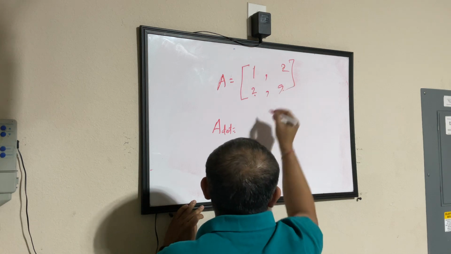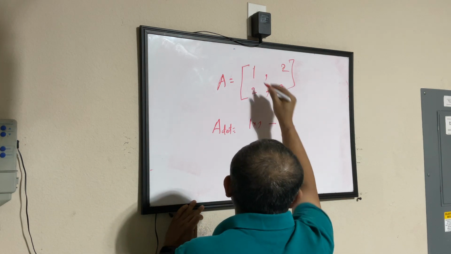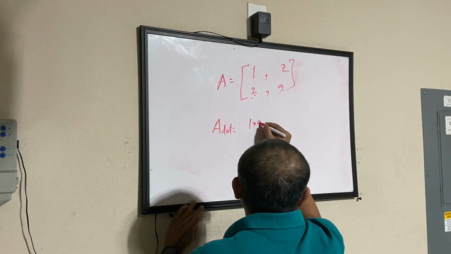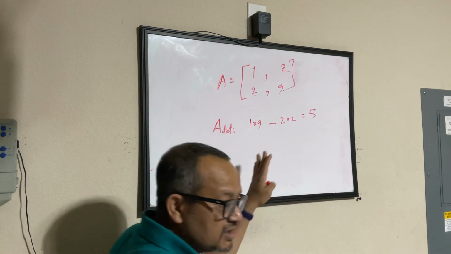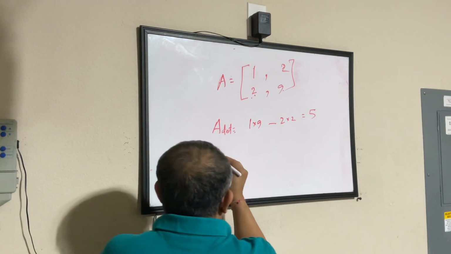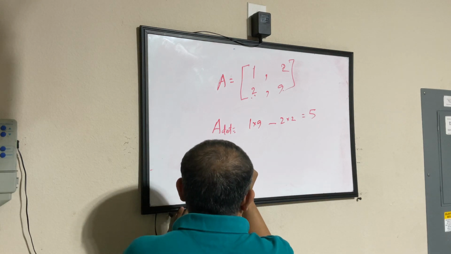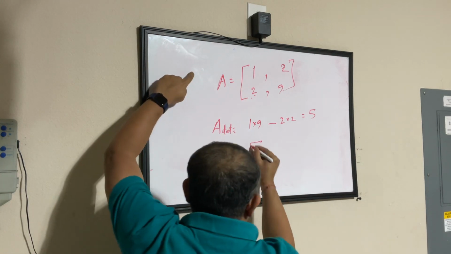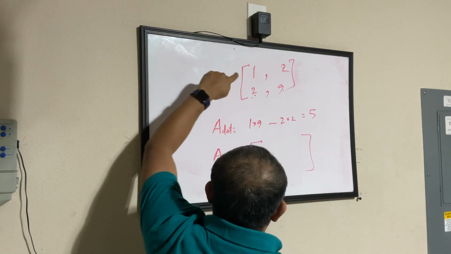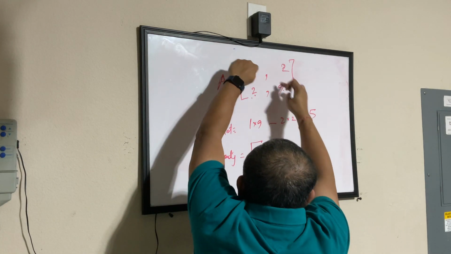So 1 times 9 minus 2 times 2. So this becomes 5. So we got the determinant. The adjoint of this matrix would be a matrix with the same dimension. We will just swap these two positions.